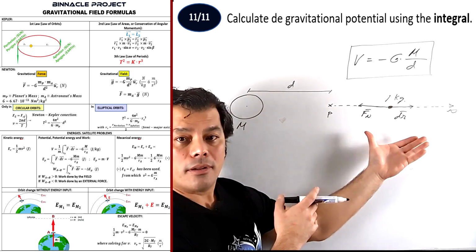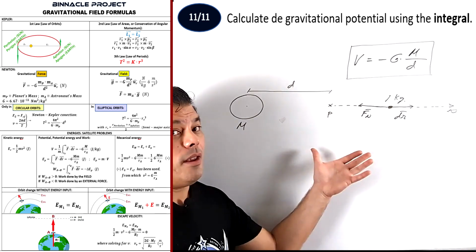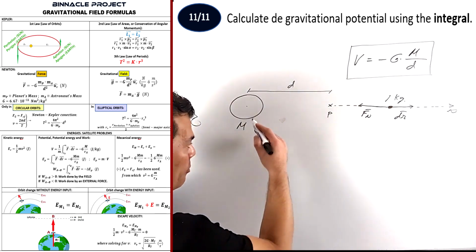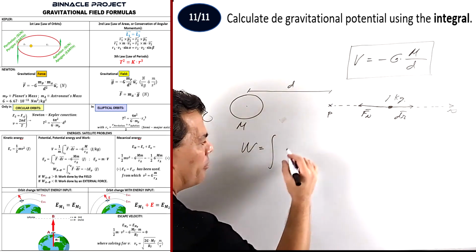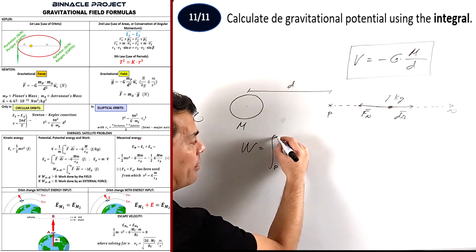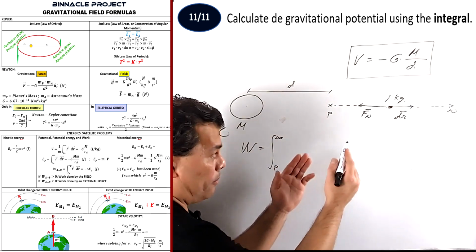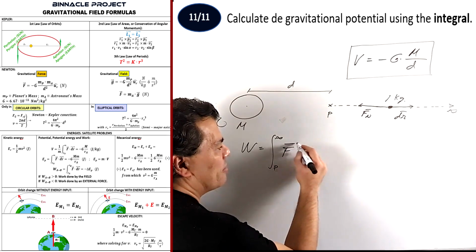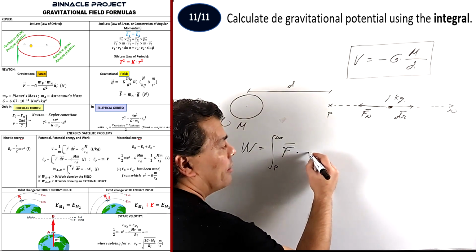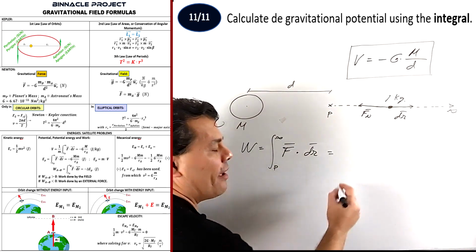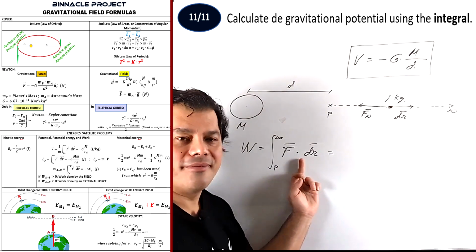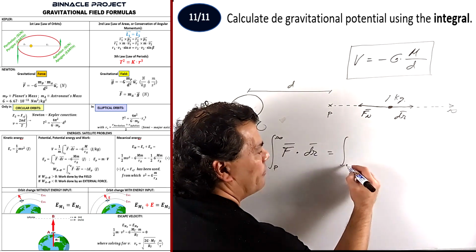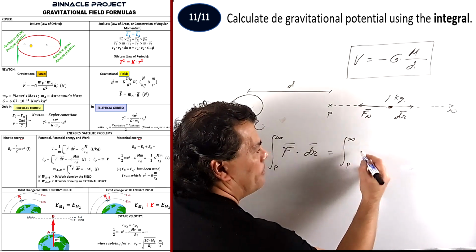First step, easy, right? Now we are calculating the work done by our mass to move our kilogram from point P to the infinity. And we are placing the force, scalar the displacement. And can you remember the definition of scalar product? Here you have it. Integral from point P to the infinity.